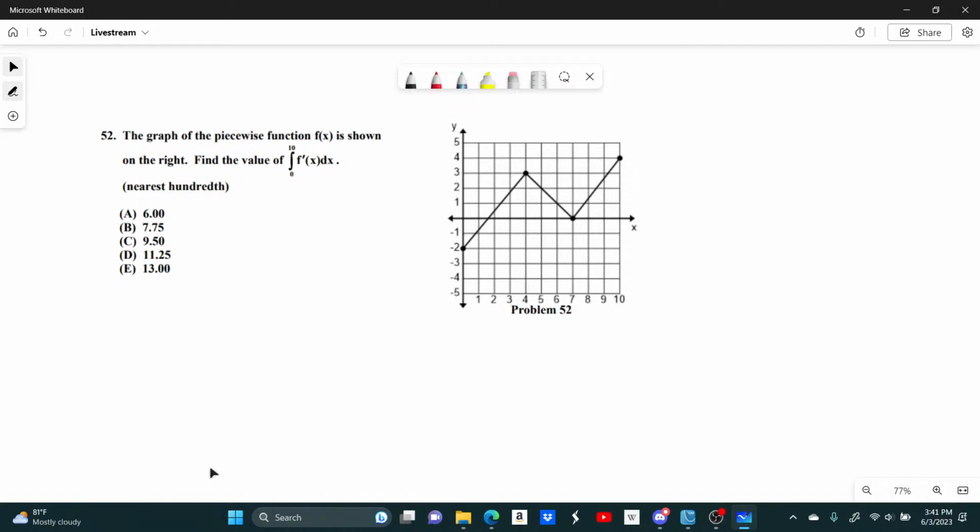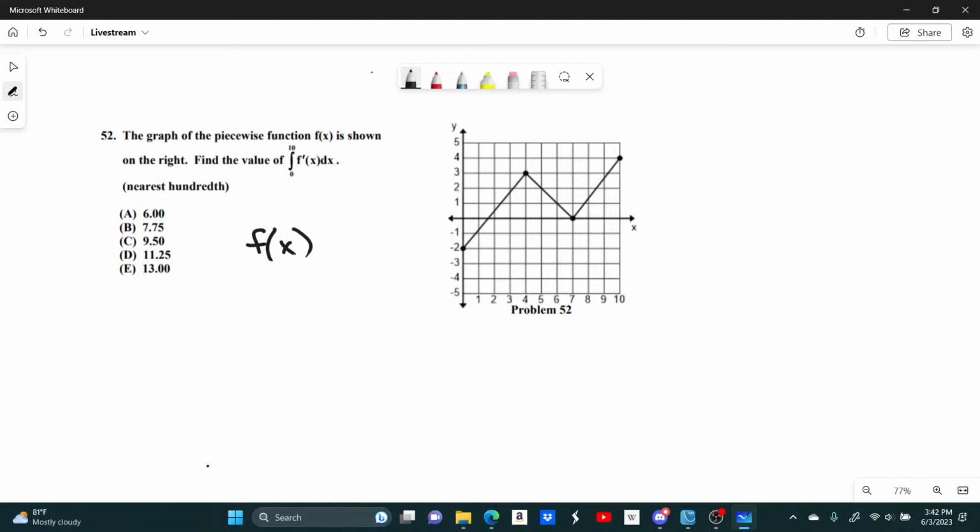Alright, 52. The graph of the piecewise function f of x is shown on the right. Find the value of the integral from 0 to 10 of f prime of x dx. Okay, so some of you might already see what's going on here, but I'm just going to carry it all the way out. If I take the integral with respect to x of f prime of x, that's just going to give me f of x, right?